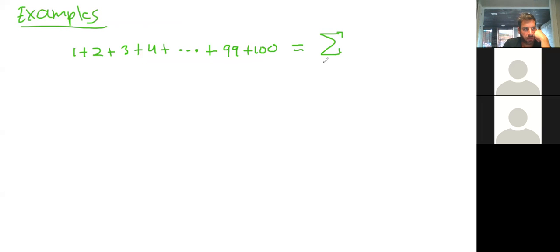Well, one way of doing it is to say we're going to let k be 1, and then we're going to go up to 100, and we're just going to add those k's. We're going to add 1 plus 2 plus 3 plus 4. Does anybody have a question about this?